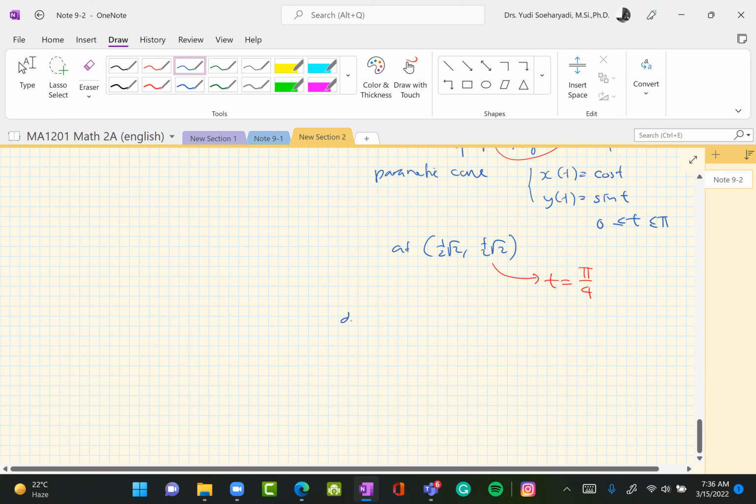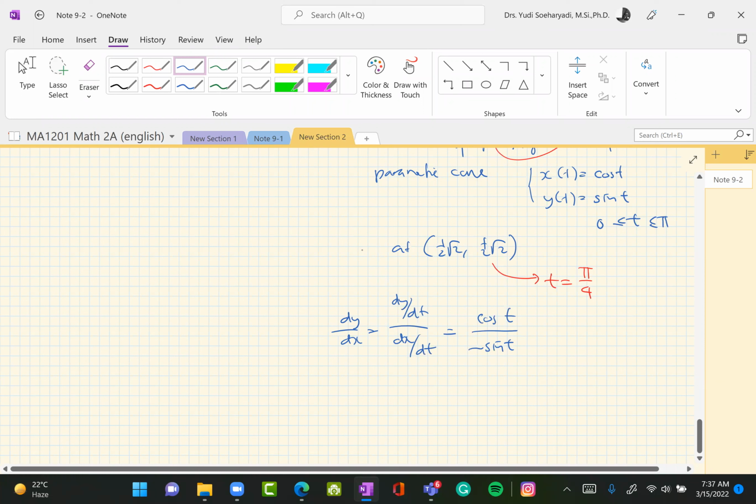So dy over dx is dy over dt over dx over dt. dy over dt, the derivative of sine, is cosine, and dx over dt is minus sine t.